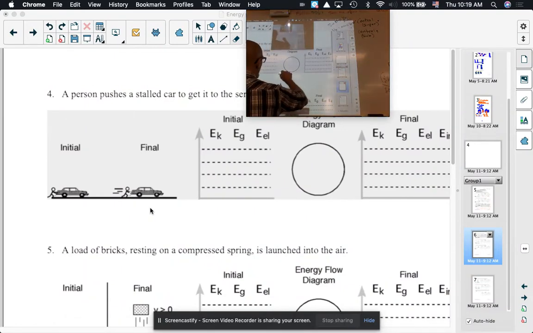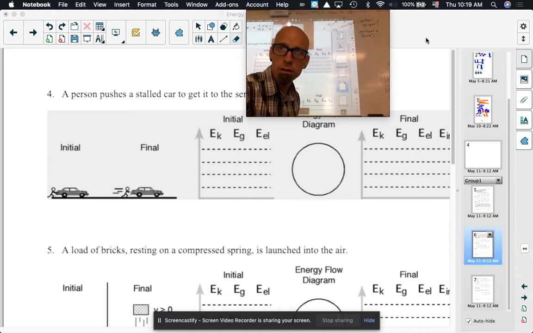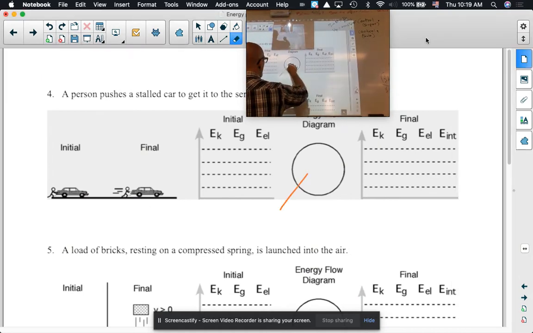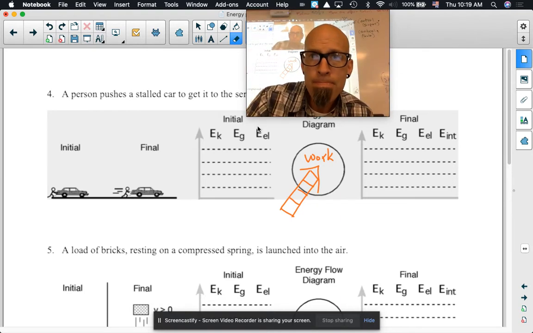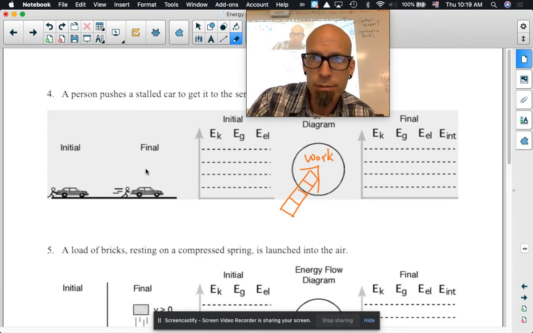So I would do something like this. Maybe there are 4 blocks of work being done into the system. And again, the work is resulting in the car gaining energy.